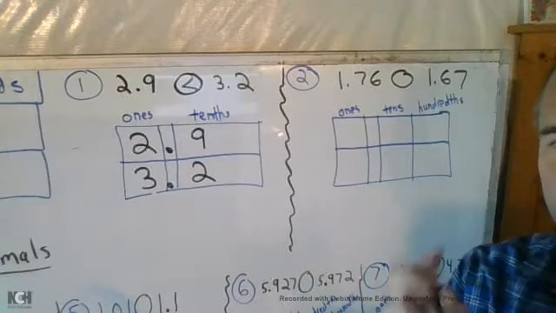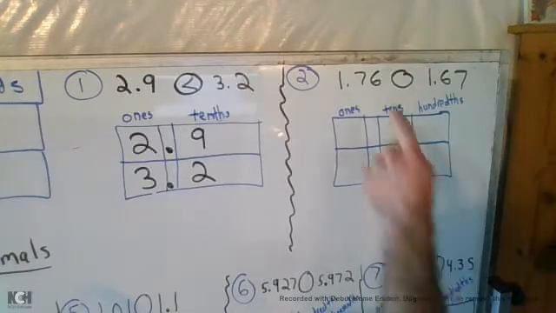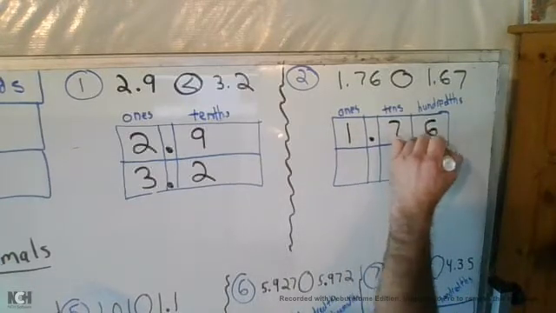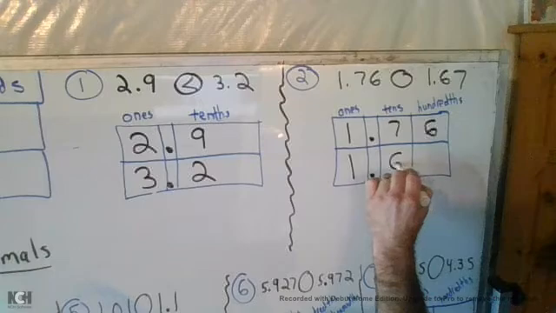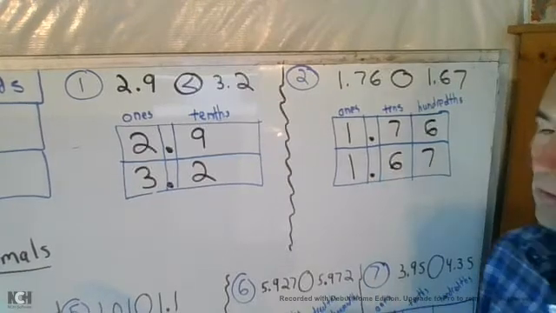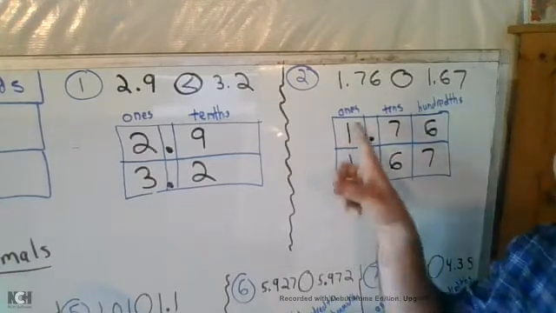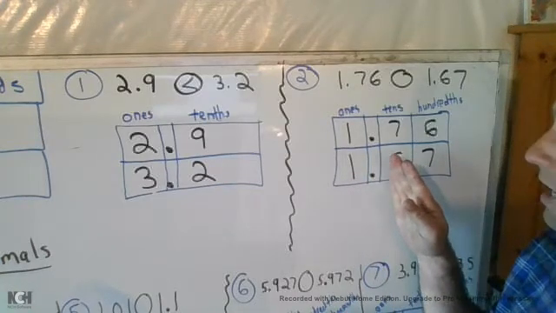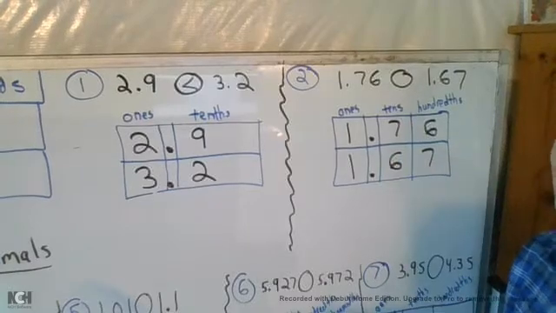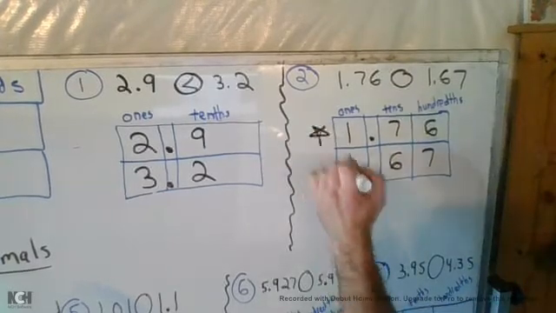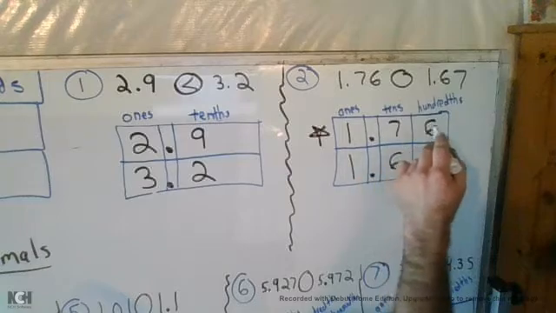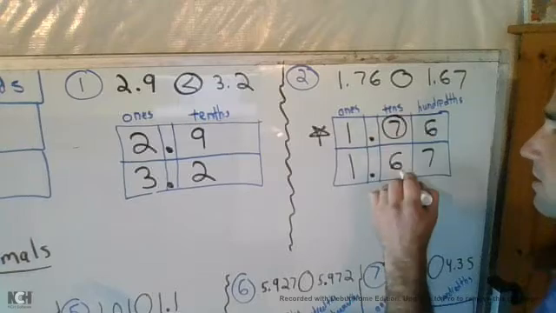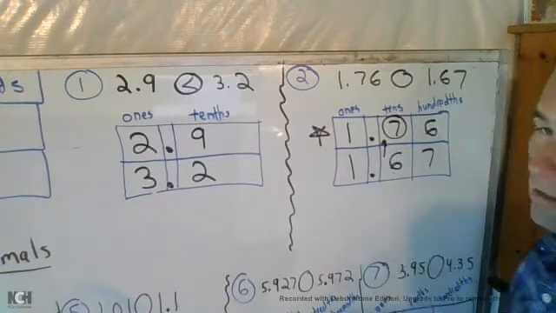All right, so the next one is number 2 I'm going to model for you. 1 and 76/100 compared to 1 and 67/100. Well, both numbers are the same in the ones place, but when I move over to the tenths place, I see I have a 7 and a 6, which means the first number, 1 and 76/100, is larger because the 7 is bigger than the 6.